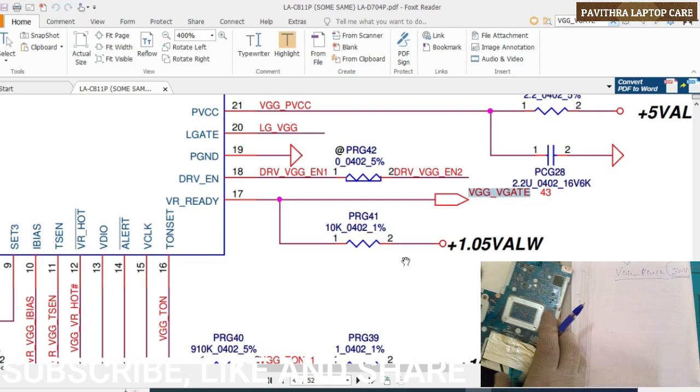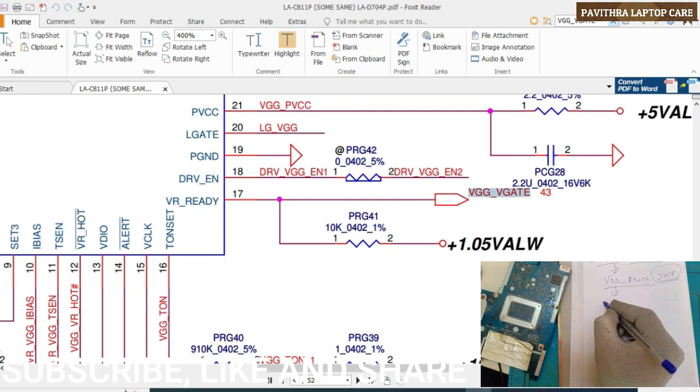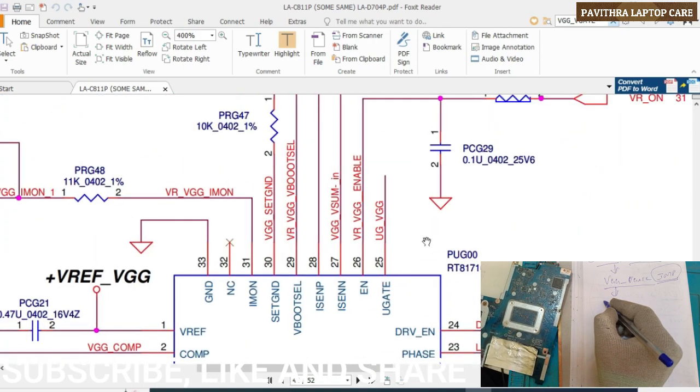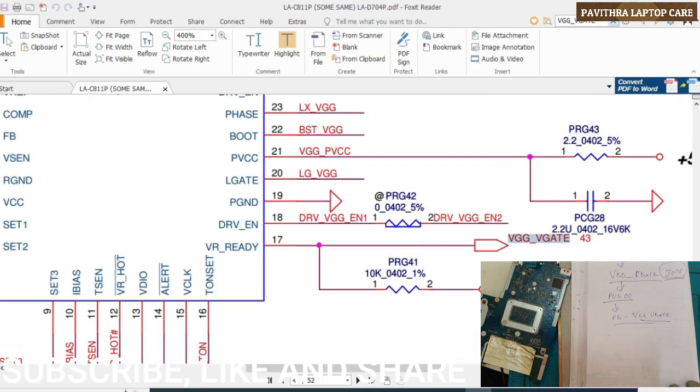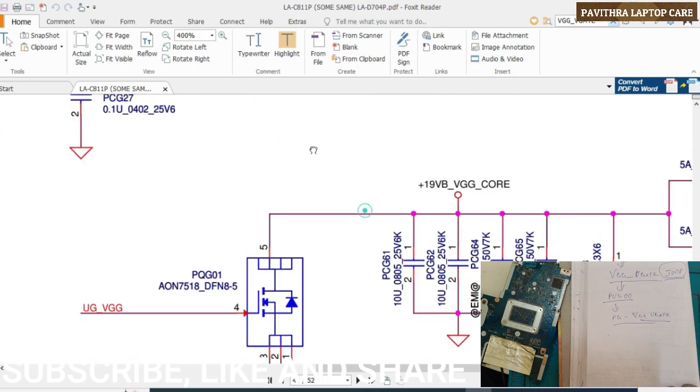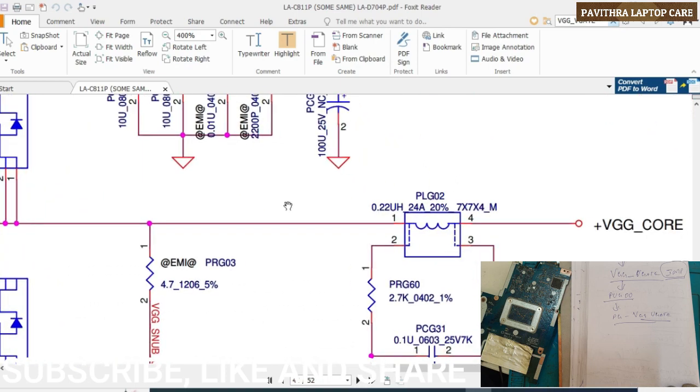See, this one is coming from, what is that name? PUG 00, this IC. This one is producing PG as VGG VGate. See, this section is VGG core, PLG02.